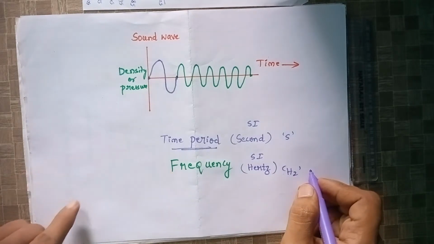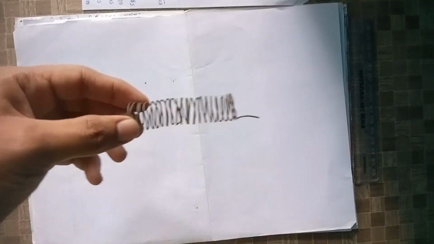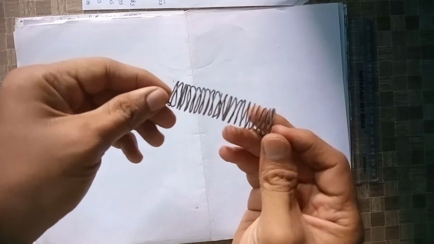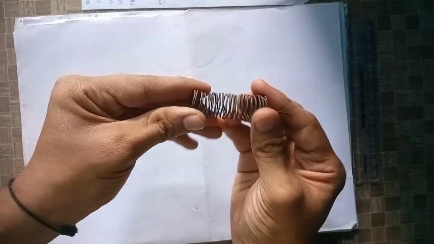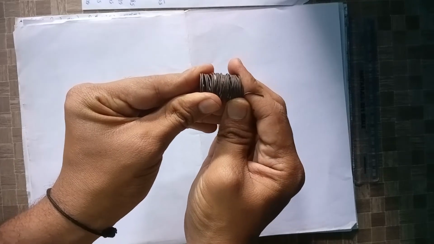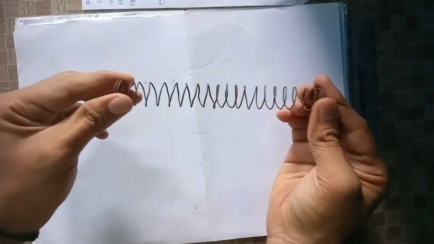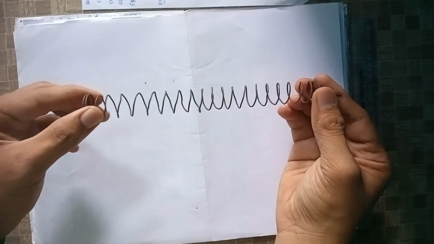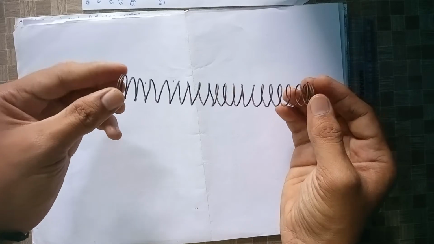Next we discuss wavelength. Imagine this is a slinky. When I compress it, it goes into compression. When I release it, it goes into rarefaction.